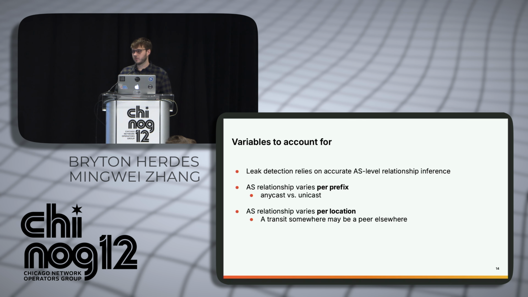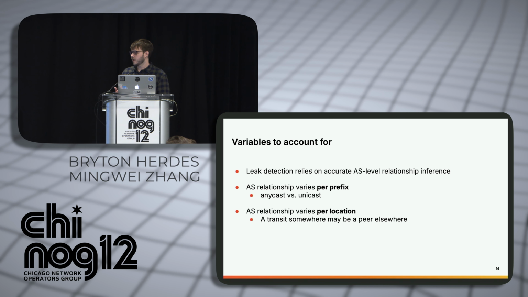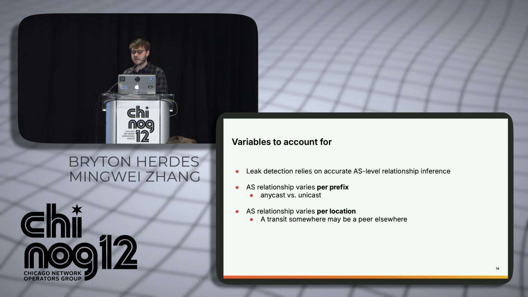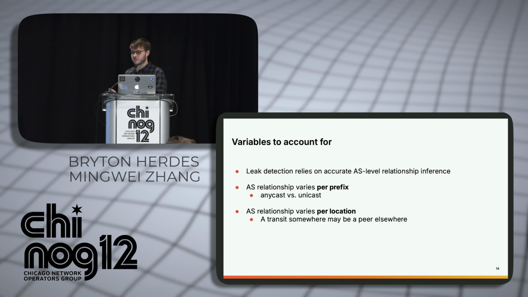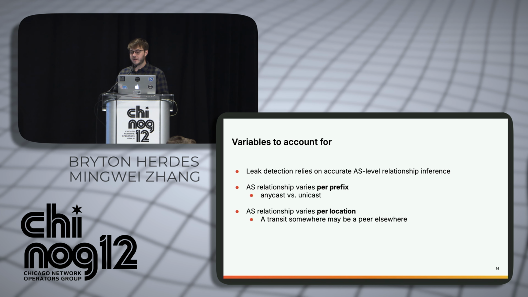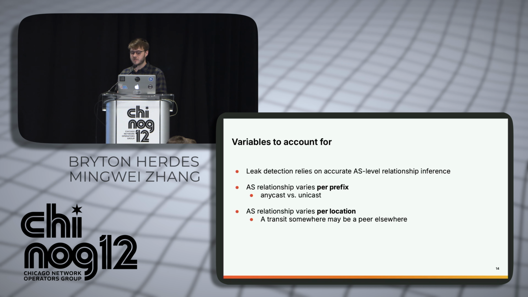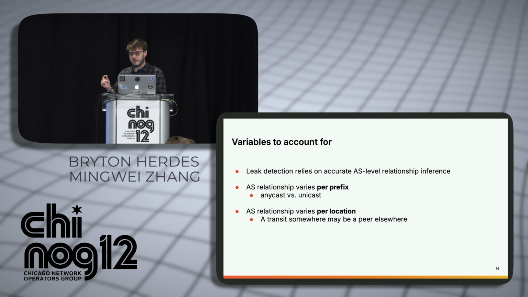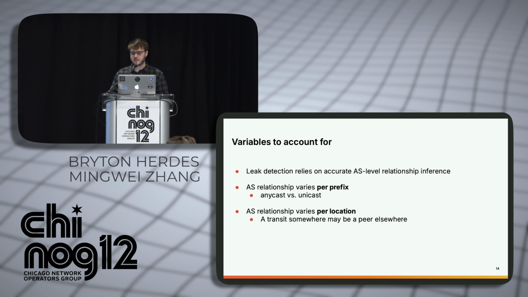So from this, we know the variables that we need to account for in leak detection. We know that at the end of the day, leak detection relies on having accurate and precise AS level relationship inferences. But we also know that those inferences or those AS relationships need to account for variation per prefix. So we use the Anycast versus unicast example.